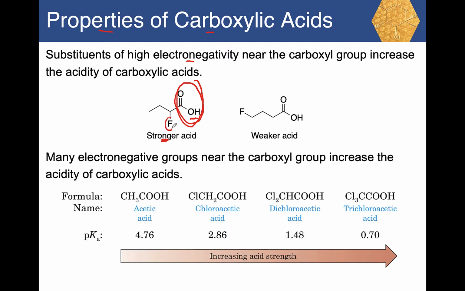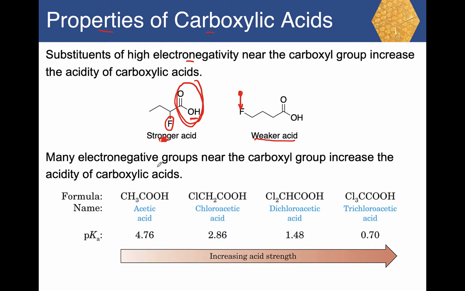If you take the same electronegative atom and put it further, we have a weaker acid. We won't go too much into why, but just remember that if there is an electronegative atom close to the carboxylic acid functionality, it is strong. And if the same electronegative atom is placed further, then it's a weaker acid.